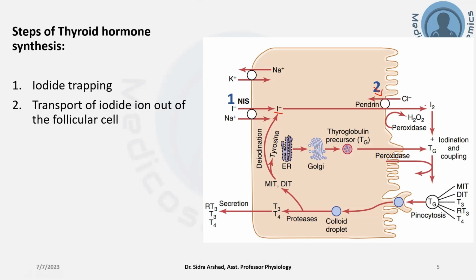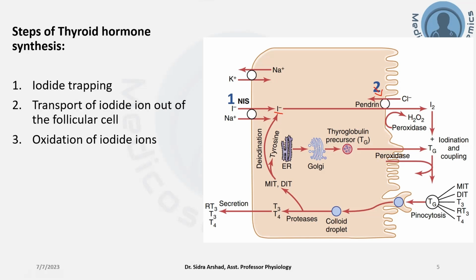After the iodide has moved into the colloid, out of the follicular cell, it has to be converted into iodine. Iodide cannot directly combine with tyrosine to make the thyroid hormones. It has to be oxidized.